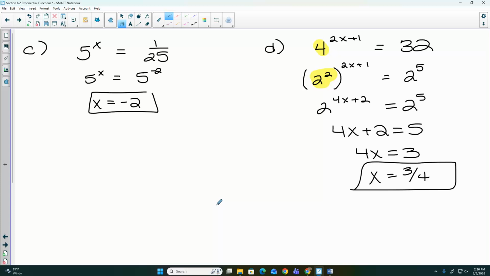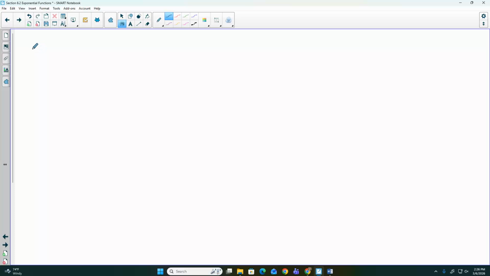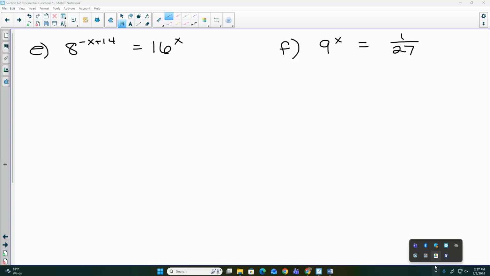Can you guys try a couple? Sixteen is 4 squared.